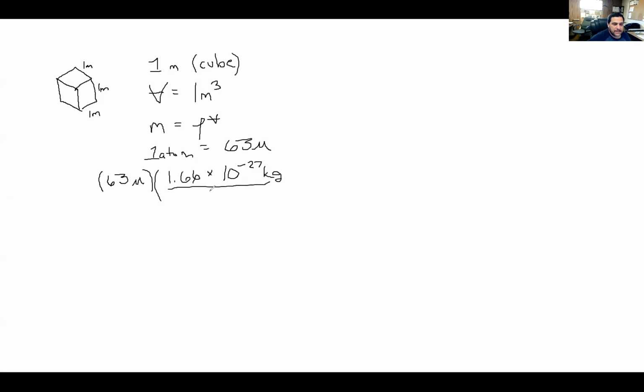And that is the mass of 1 atomic mass unit. So that cancels. So I'm left with that 1 atom of copper is 1.05 times 10 to the minus 25th. That's just multiplying 63 by 1.66 times 10 to the minus 27th kilograms per atom.